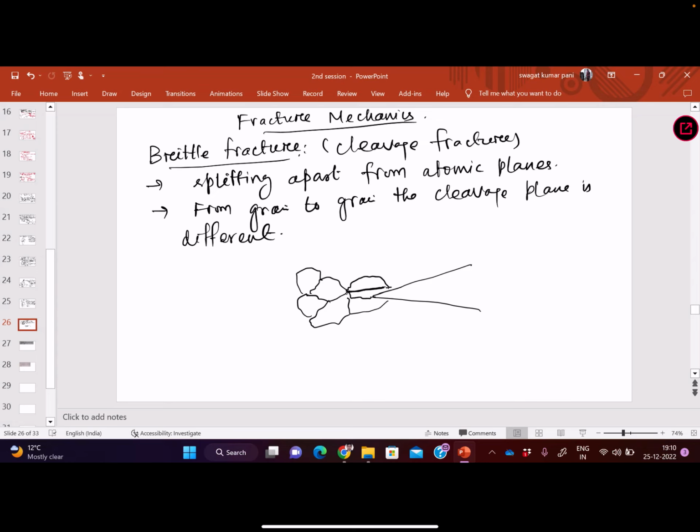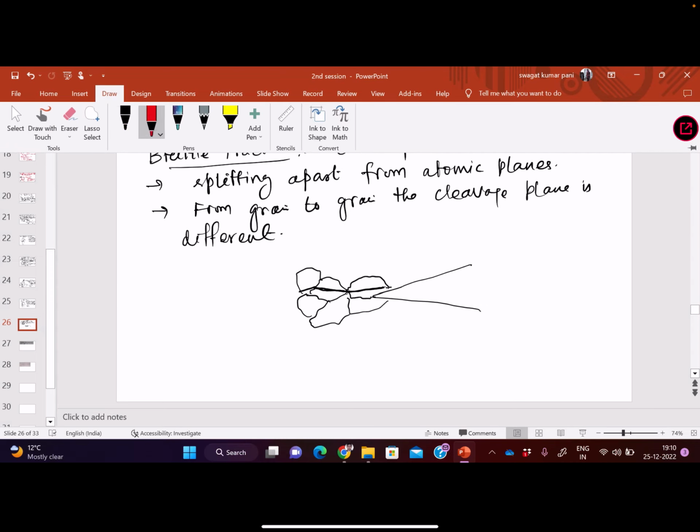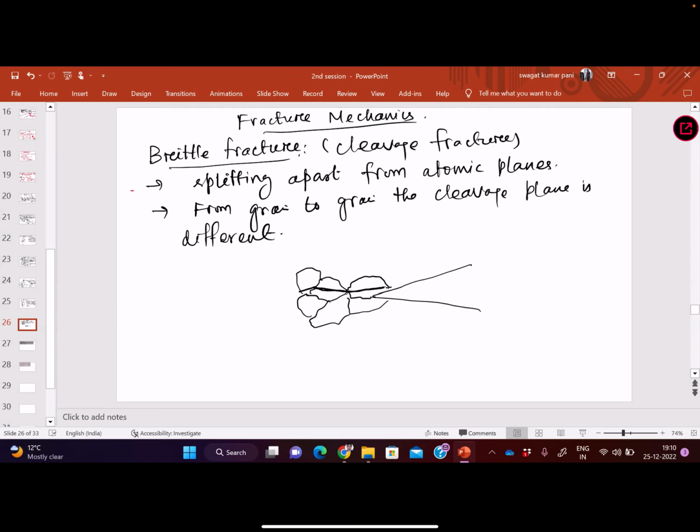In this it might change to something like this, a different plane. Then again in this grain it can go something like this. So all these are cleavage planes for each different grain.